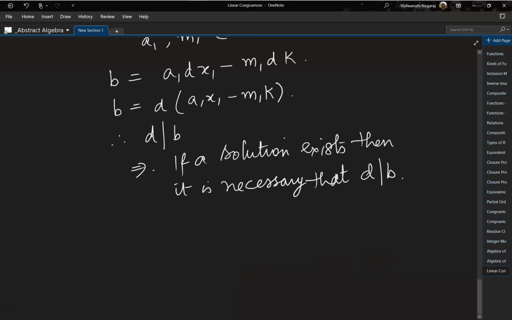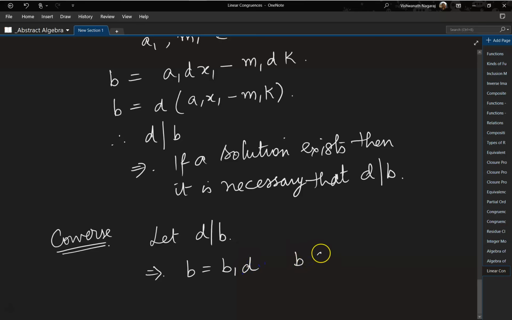Which implies if a solution exists, then it is necessary that D divides B. Okay, now let's look at it the other way around, the converse of this. Let D divide B, and here all the alphabets mean the same thing as above. So which implies B is equal to B1D.